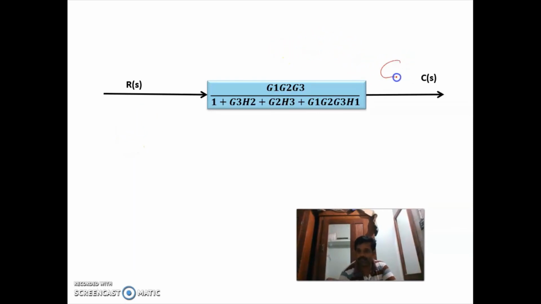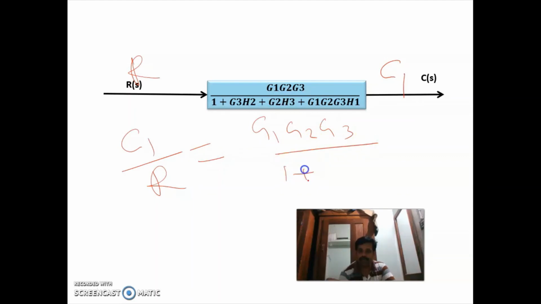This output is C1 and this input is R. So you'll be getting C1 by R equal to G1 G2 G3 divided by 1 plus G3 H2 plus G2 H3 plus G1 G2 G3 H1. This is the first case.